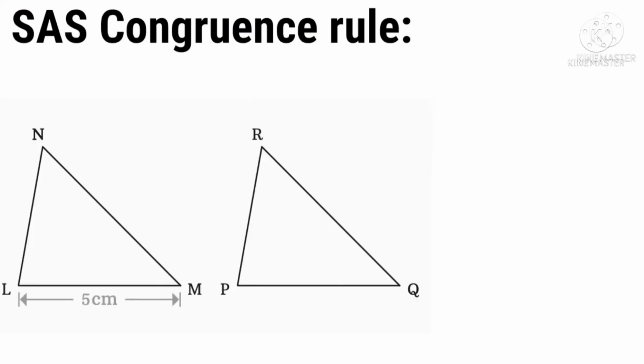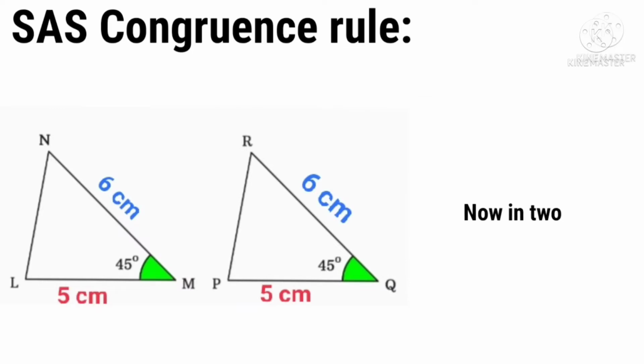So here in these two triangles, LM is 5 centimeters and PQ is also 5 centimeters. These are corresponding sides. And angle M and angle Q are 45 degrees. Now MN and QR are both corresponding sides of 6 centimeters.